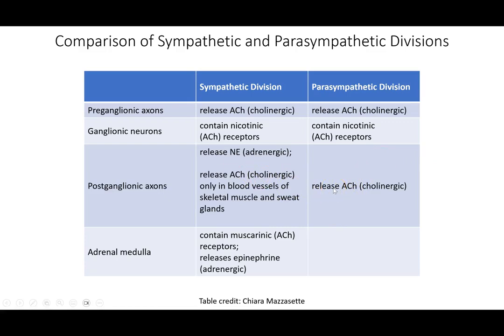All right. So there's a lot of parts of the body that are innervated by both divisions of the autonomic system. We saw that graphic in the previous video. And that effect is based on what neurotransmitters are released and what receptors are present. So there's parts of the heart that determine heart rate that are in contact with some of the postganglionic fibers for both systems.